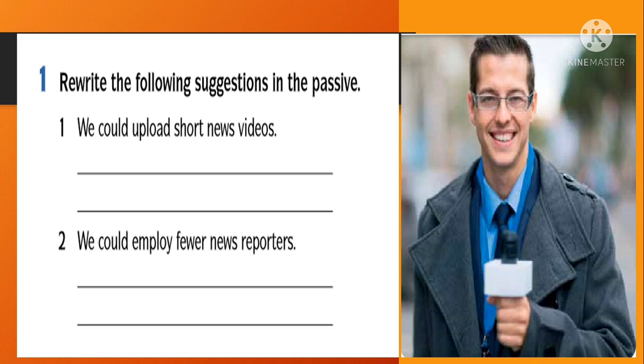So if you want to recall what passive voice is, you may refer to your textbook, if I'm not mistaken, from page 87, because we have dealt with the topic last time. So they give you 2 suggestions in the active voice that you need to rewrite in the passive voice.